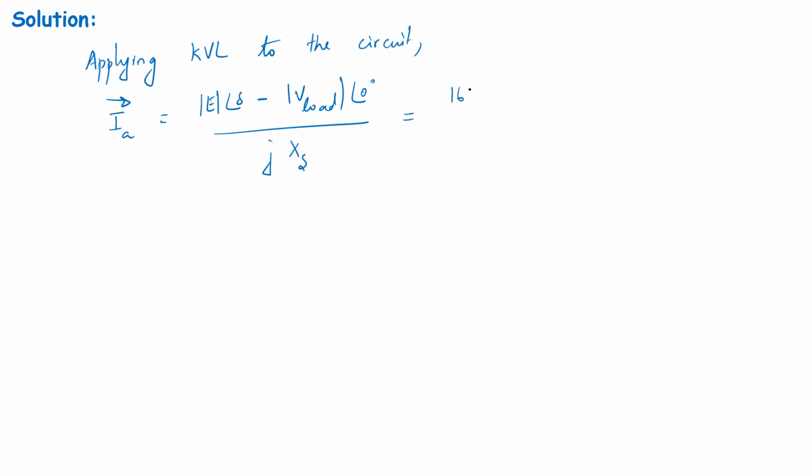So that is 164.465 at an angle of 12.91 degrees, minus 220 divided by root 3 at an angle of 0 degrees, divided by j times 1.75. So solving the above expression using my calculator, let me quickly do that.